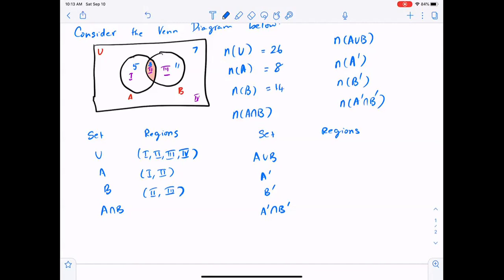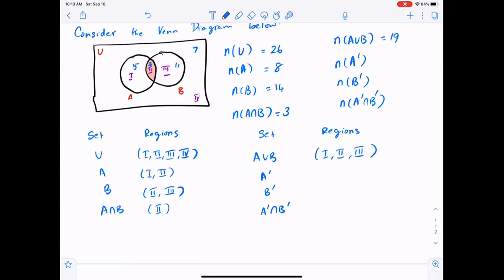The region that is common to both A and B is region 2. So I will have 3 elements. The region that would correspond to A union B is 1, 2, and 3. So if you add those counts, we would have 19.